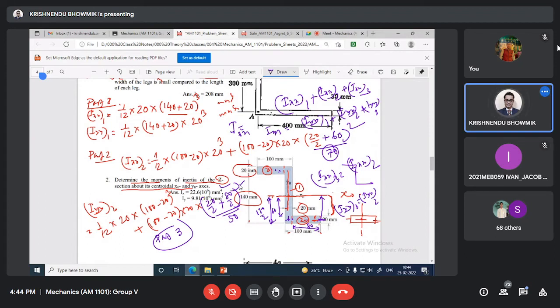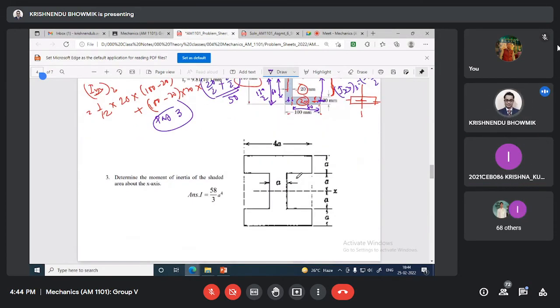Total Ixx with respect to x0 will be summation of the three Ixx, and Iyy with respect to y0 will be summation of these three parts of Iyy. Is it clear? Yes, sir. Okay.